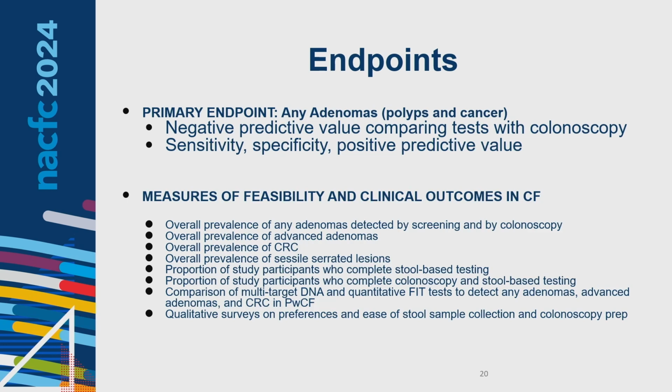We also wanted to see how many study participants could actually complete stool-based testing or complete colonoscopy and stool-based testing, and then compare the data between the stool tests and colonoscopy. Today, I'll present the qualitative surveys on preferences and ease of stool sample collection and the colonoscopy prep.